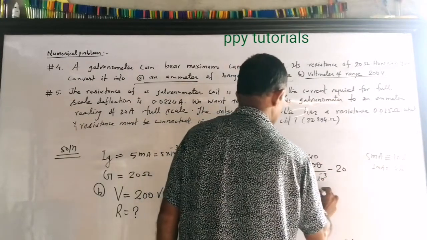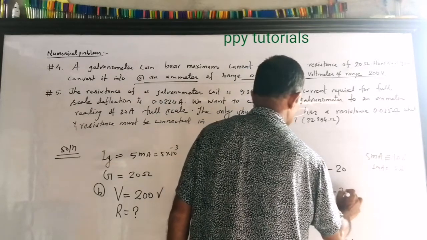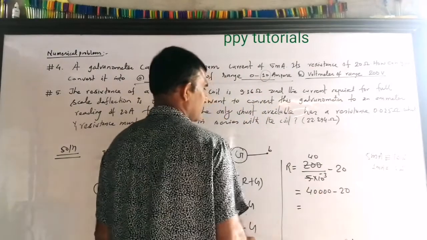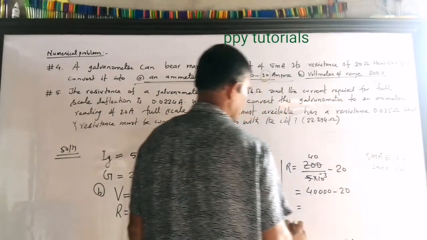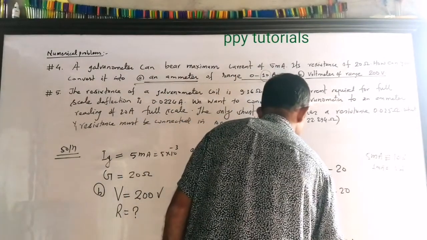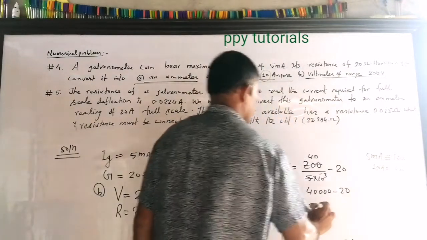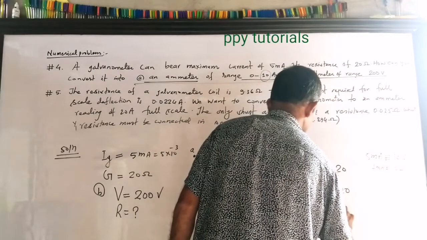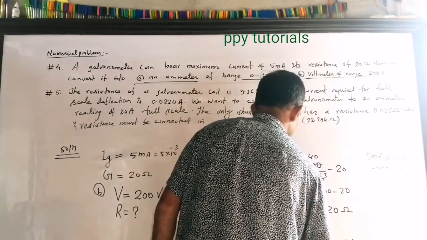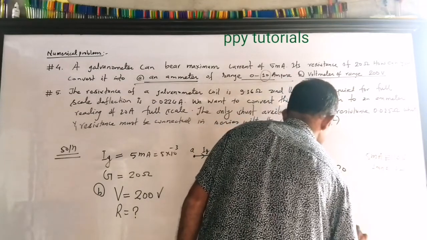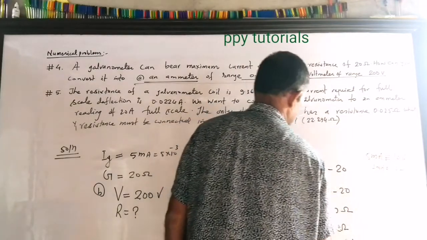So this becomes 40,000 minus 20. You know 40,000 minus 20 is nearly equal to 40,000. You can connect the 40,000 ohm resistance, or if you want to be exact, then this becomes 39920 ohm. So if you are going to connect 39.92 kilo ohm resistance, to change into kilo ohm, just divide by 1000.